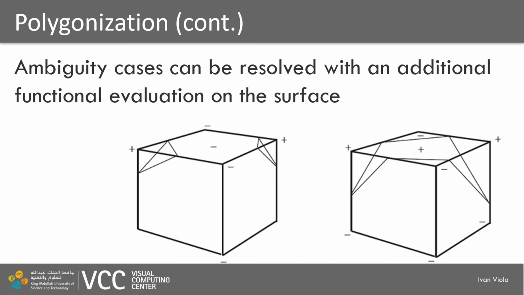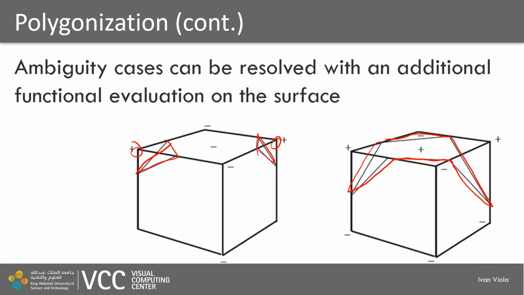We also have some non-clear cases, ambiguity cases in our polygonization. That is, if, for example, these two are positive and we do not know whether the situation is that we have this kind of representation where we have these two triangles, or we have some kind of a wedge which is intersecting our cell. So which of them is correct?